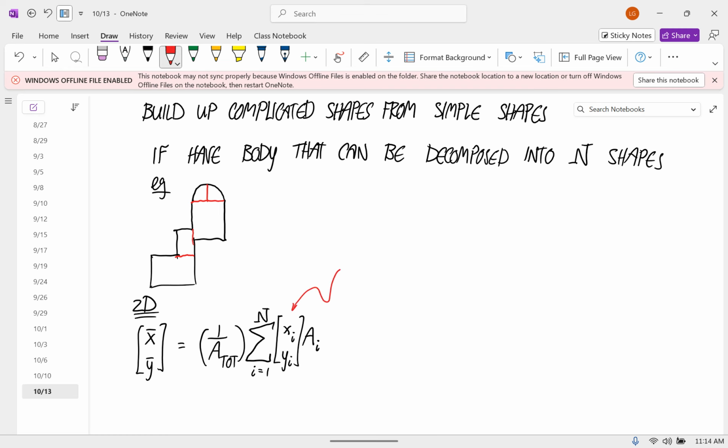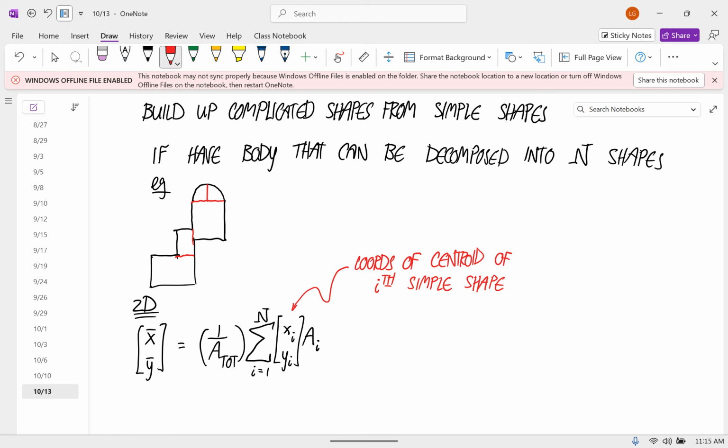And this is the coordinates of the centroid of the ith simple shape. Notice that this is just a discrete version of the integral definition.